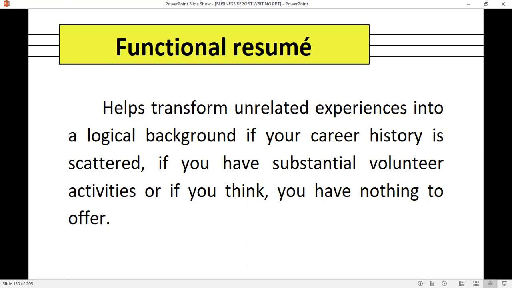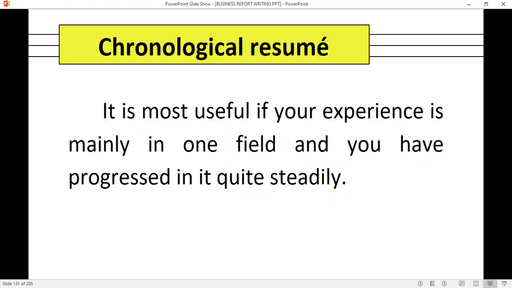Next to that, we have the chronological resume. From the term chrono, chrono means time, chronological. It is most useful if your experience is mainly in one field and you have progressed in it quite steadily. So it can be applied best when you have one career experience.